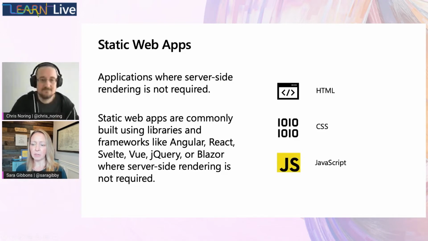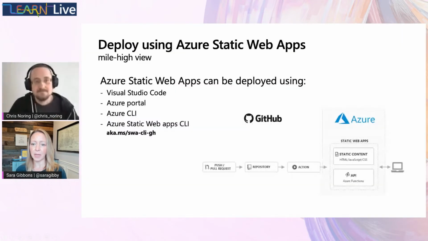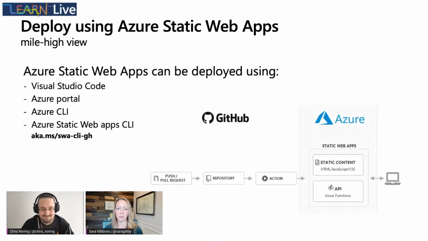So let's go on. I think our next thing is we're going to deploy the static web app, right? Yes, let's walk through this a little bit. Okay, so deploying the static web app, like Chris mentioned, there's a lot of different ways that you can do this, which I love. We've got Visual Studio Code, Azure Portal, Azure CLI, and the Azure Static Web Apps CLI.